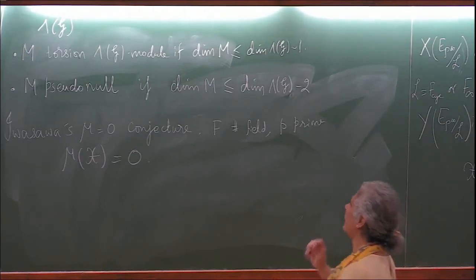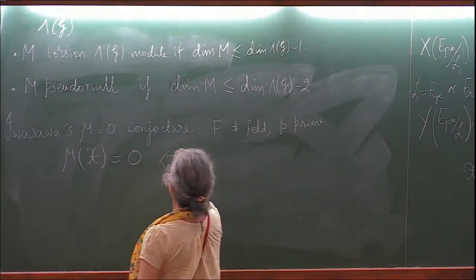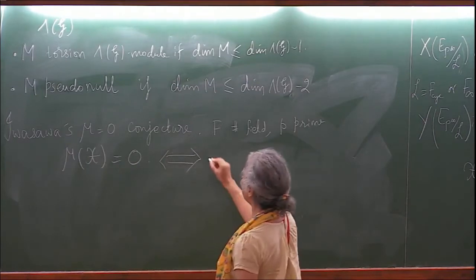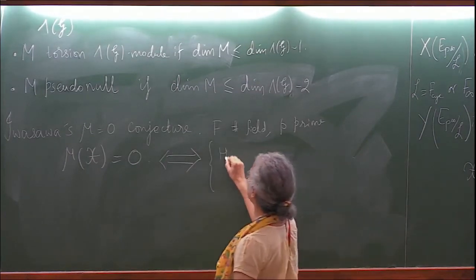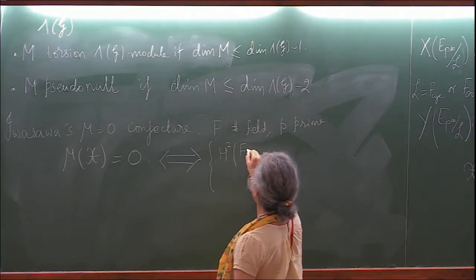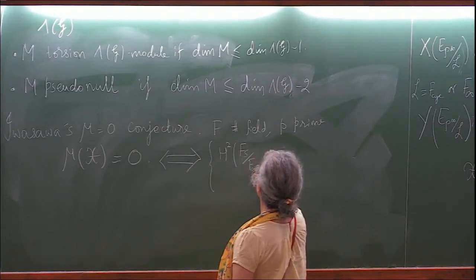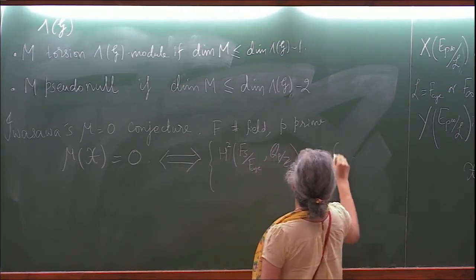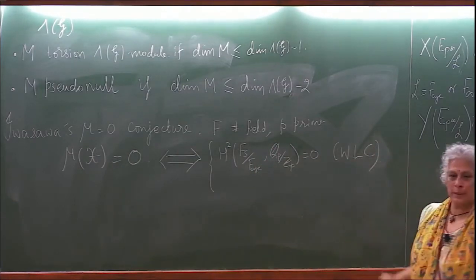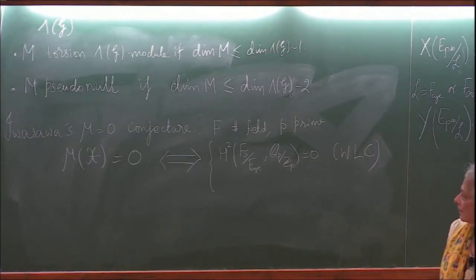And you can retranslate this in Galois cohomological terms, as a combination of these two. H2 of G_S over F cyclotomic, with coefficients Qp mod Zp, is 0. This is called the weak Leopoldt conjecture. This is this one, this Galois group, the classical object that one is studying.